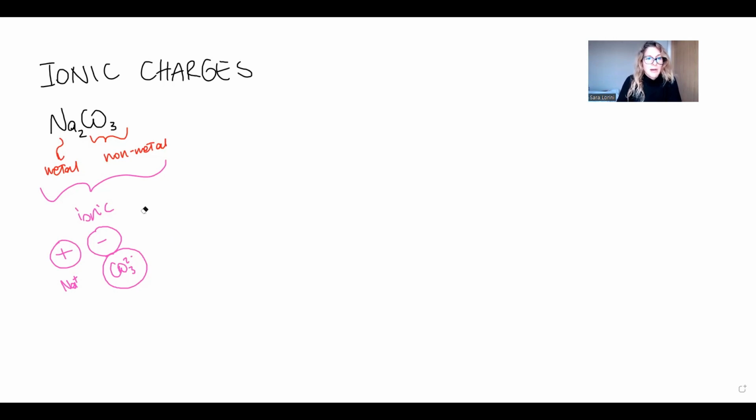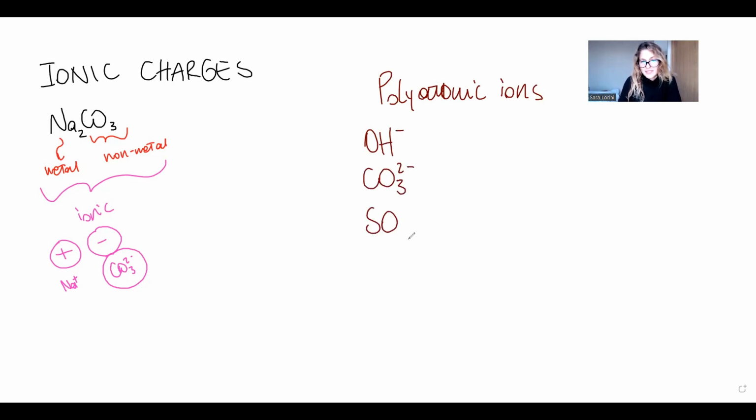The tricky thing about writing this ionic compound is that there are what are called polyatomic ions, and we need to know them. Those are the most common: hydroxide, carbonate, sulfate, and another one could be phosphate.